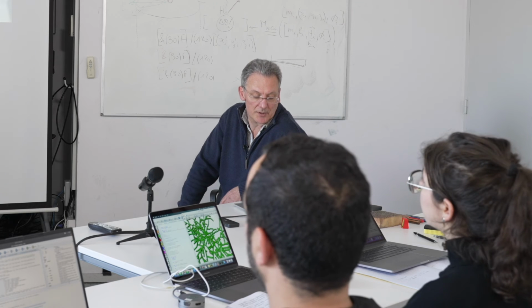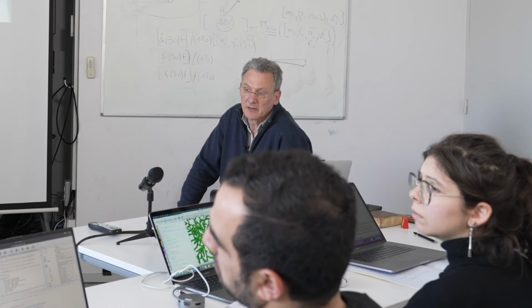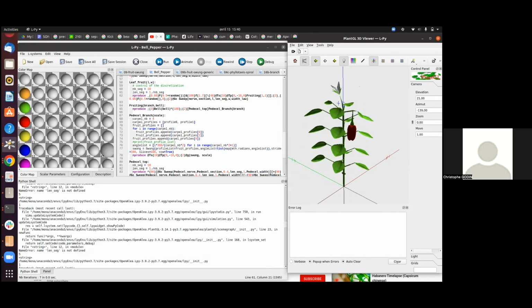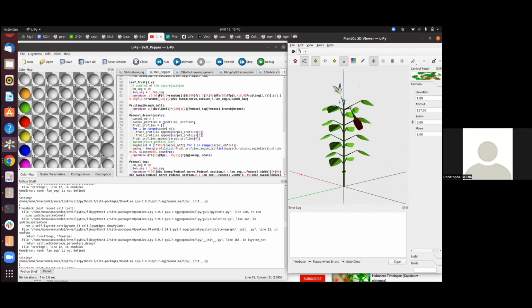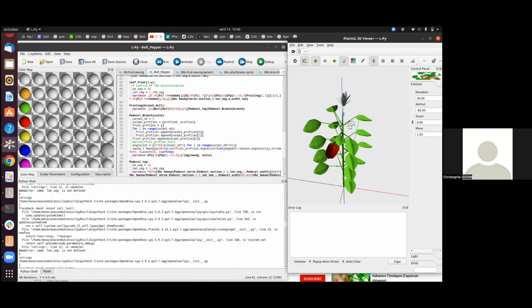Super. What was the main difficulty until now in creating this? For me, which is still a difficulty, as we can see, it is giving the sense of gravity to the fruit. As you can see, it's kicking in the air, and I wanted it to be more realistic. After playing a lot with the tropism and angles, this was the best I could get, but it definitely needs more work to understand how to incorporate the tropism within the fruit.